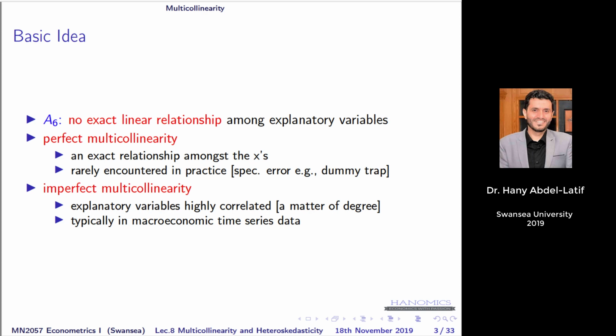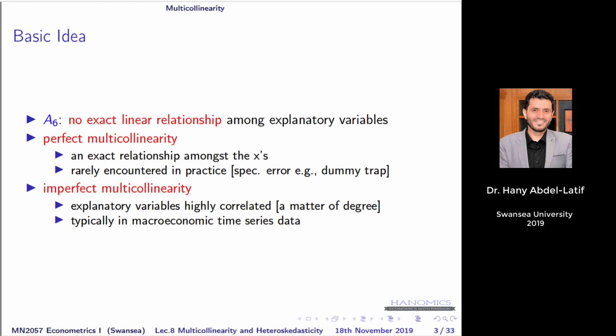Perfect multicollinearity is very rare. You're not going to find it very often in a real situation, because it is usually a specification error. Sometimes it happens because you don't have the correct specification.